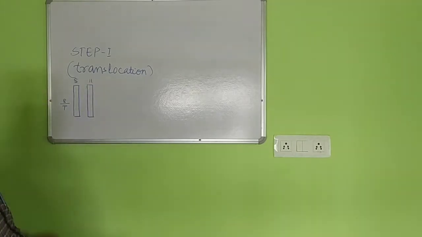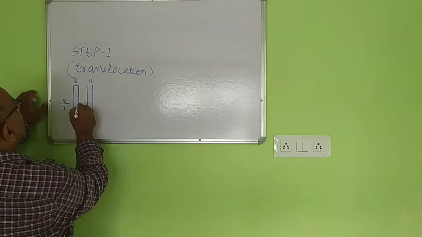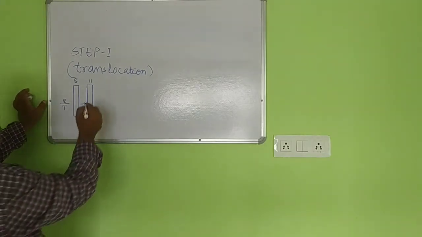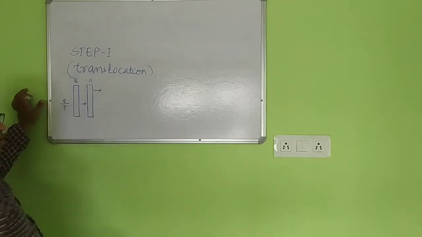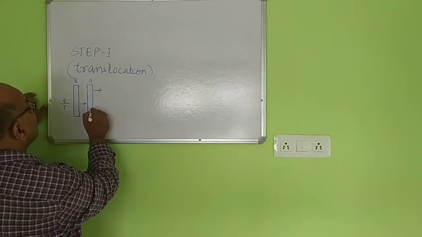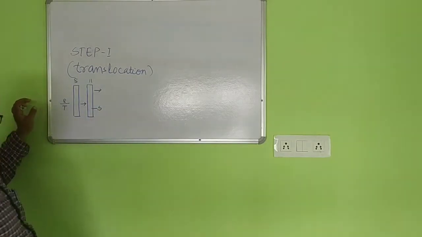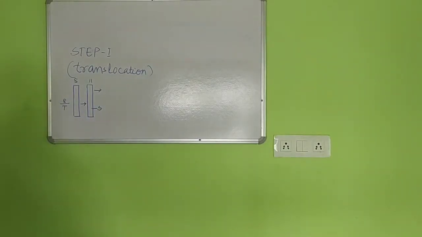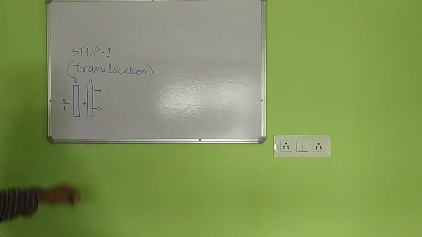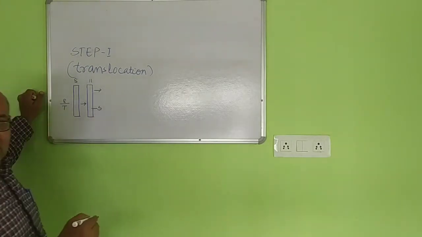Chromosome 11, and you mark here. Okay, this is chromosome S, and this is chromosome T, and you mark to find the fragments.